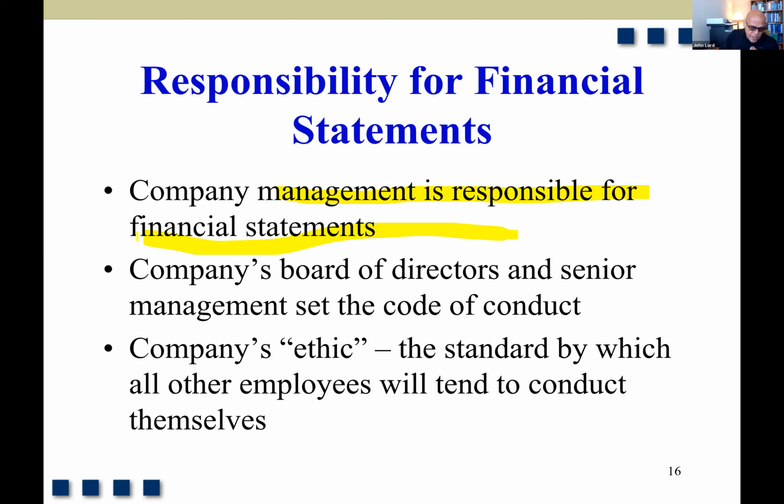Okay, now we talk about management, but also there'll be a board of directors that should set a code of conduct that is telling us, hey, these are the ethical standards that should apply in the company, and they'll talk about different conflicts of interest and whatnot.